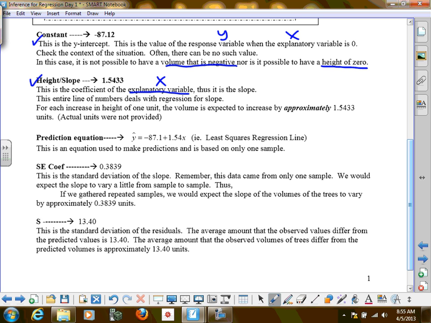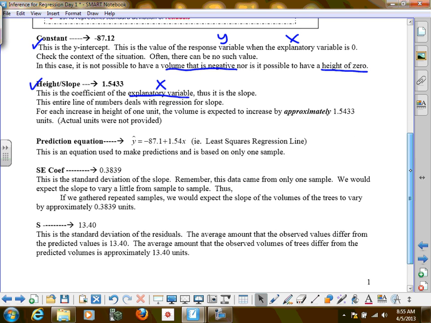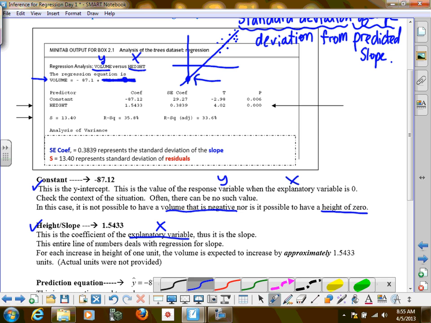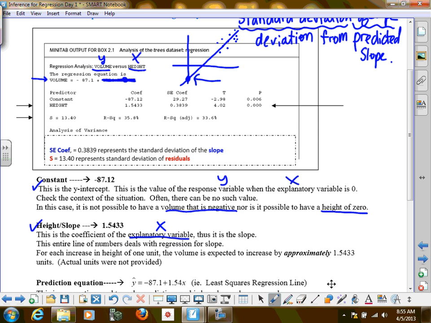The entire line deals with regression for the slope, so I want to tell you that this chapter primarily deals with this line. This chapter is about slope. Slope is a relationship between two items.